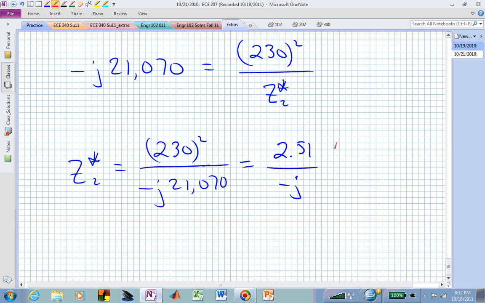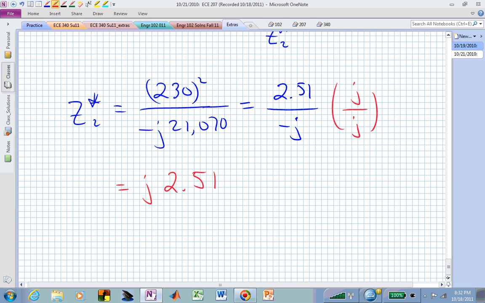We can always multiply by 1, which is j over j. In the denominator, we have j squared, which is minus 1, and with the minus sign that ends up being a minus 1 times a minus 1, which gives us 1, and we have Z sub 2 conjugate is j 2.51.